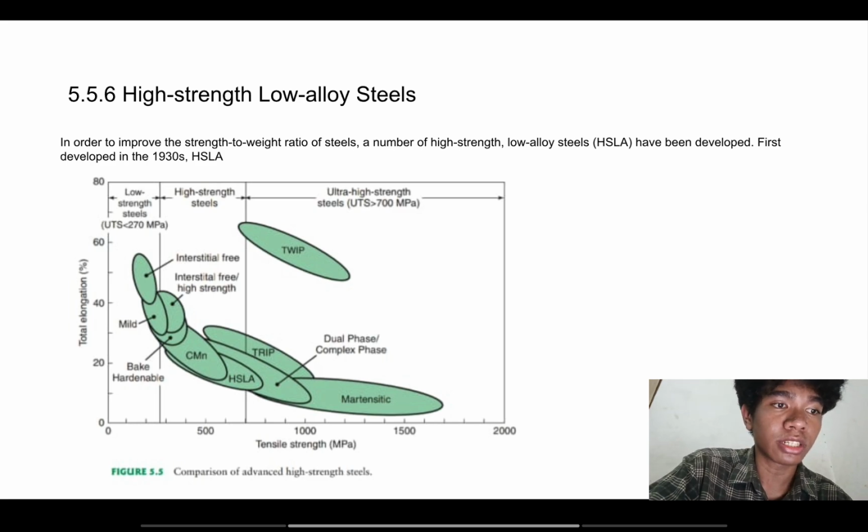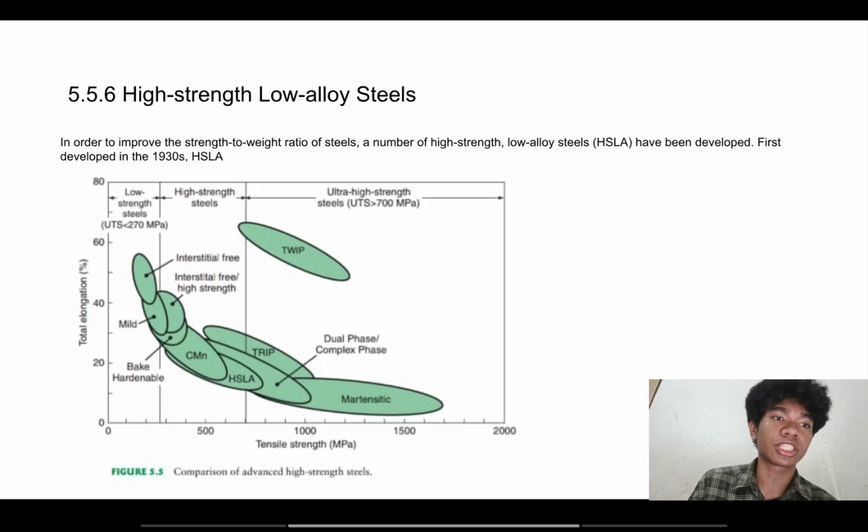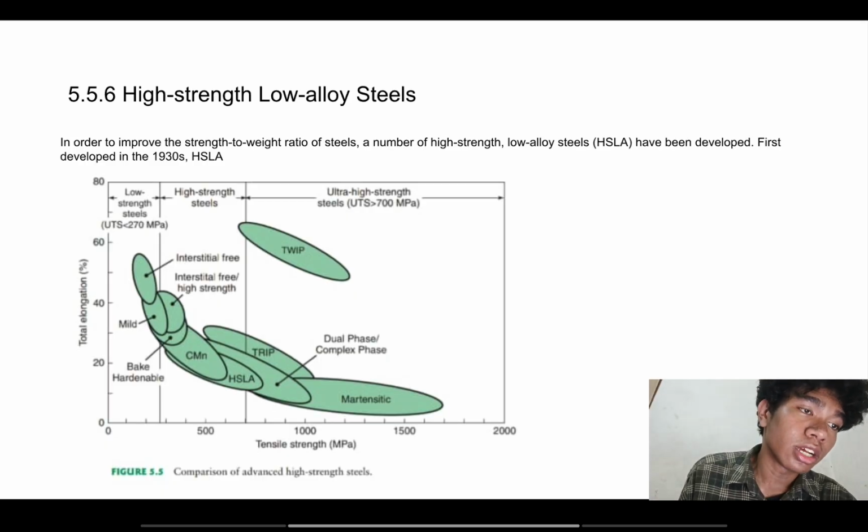So this is the comparison of advanced high strength steel. You can see here, the X is showing tensile strength in MPa, and the Y is showing total elongation.